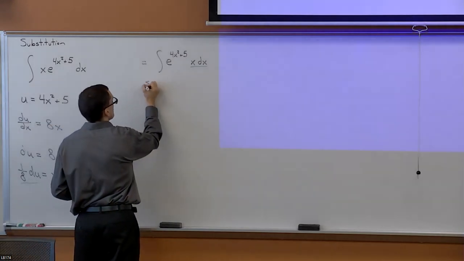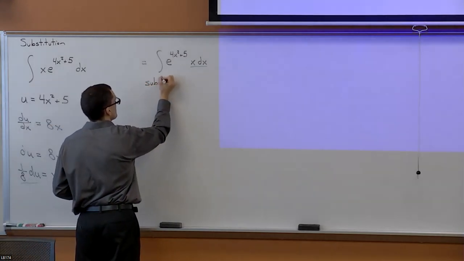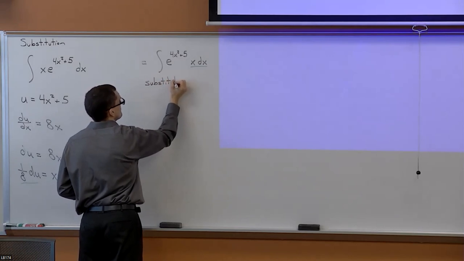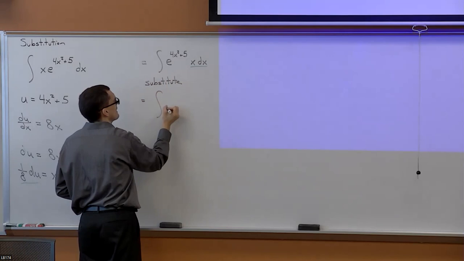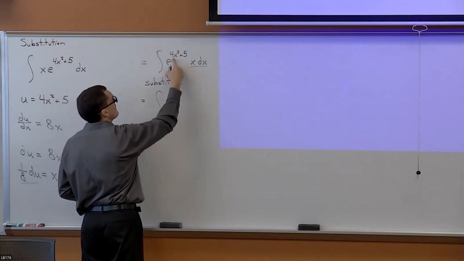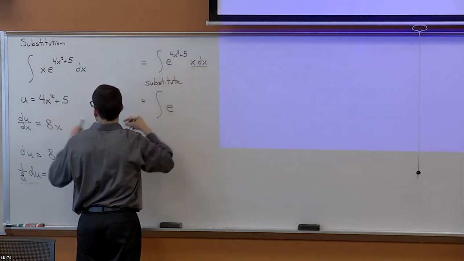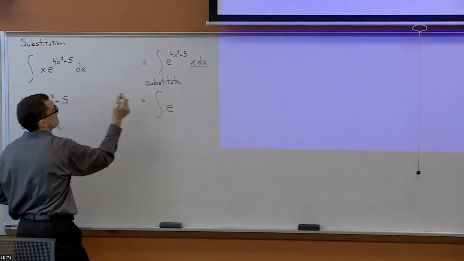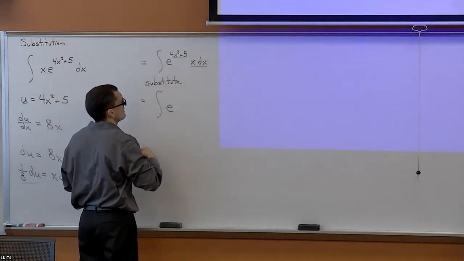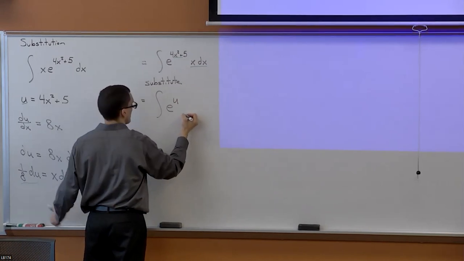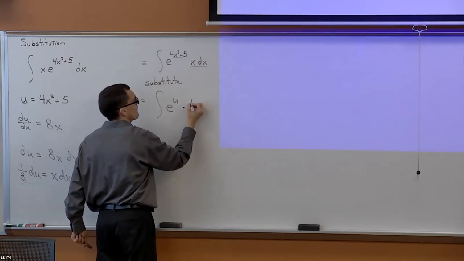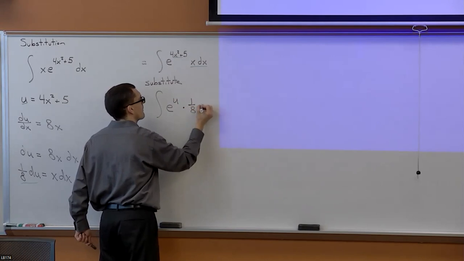When I substitute, I end up with e to the, now 4x squared plus 5 is going to be my u, right? So e to the u times 1/8 du.